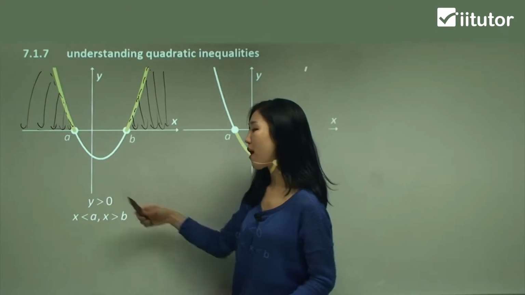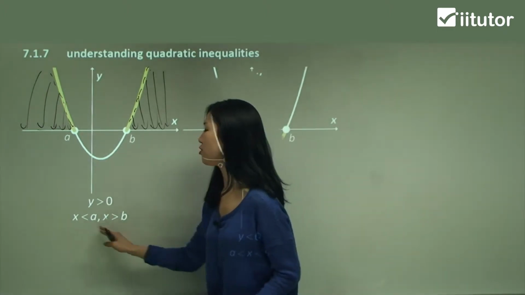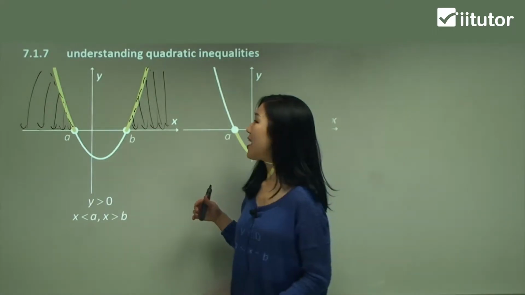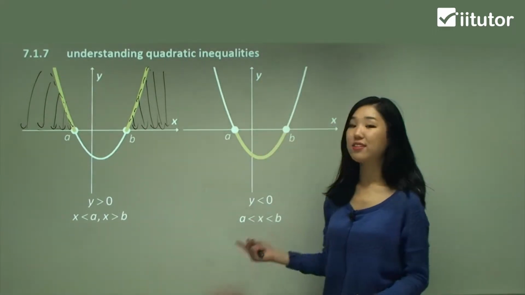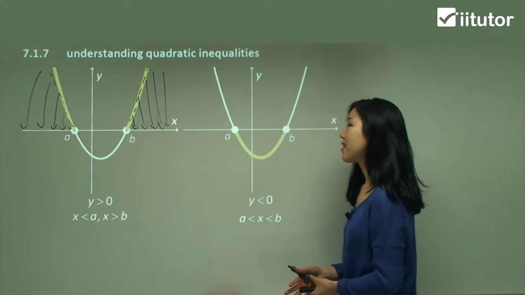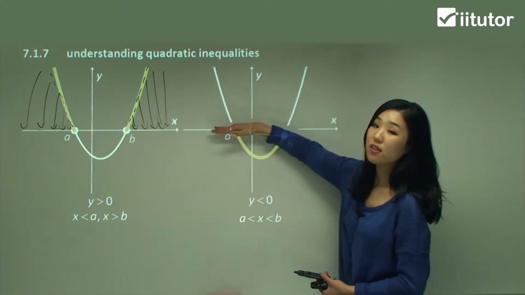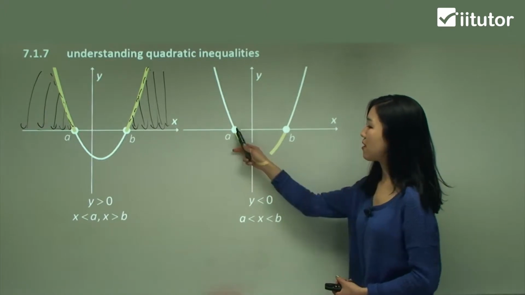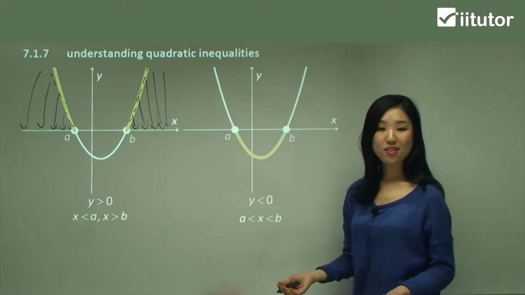So for y greater than 0, we have two solutions for x, as you can see on our graph. Another case is when y is less than 0. When y is less than 0, it must be any part of the graph that's below the x-axis, which is represented by the yellow part of the graph.